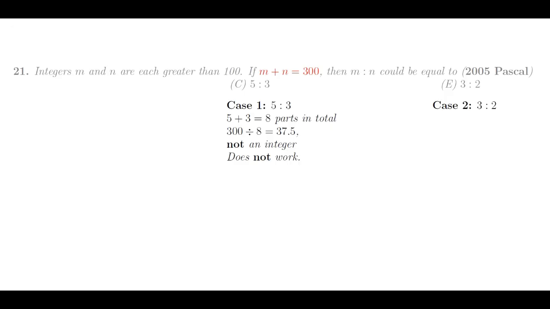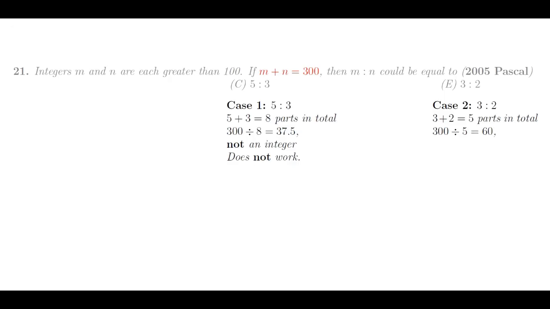The only thing that's possible is the last one. We're good to go. Now, it's always a good idea to take half a second to check to make sure that the right one works, just to make sure you didn't make a mistake somewhere else along the line. So if we look at that one and do the same analysis, it has 3 plus 2 or 5 parts.